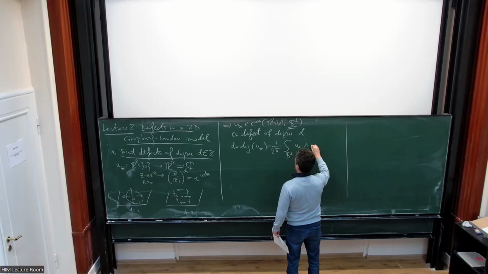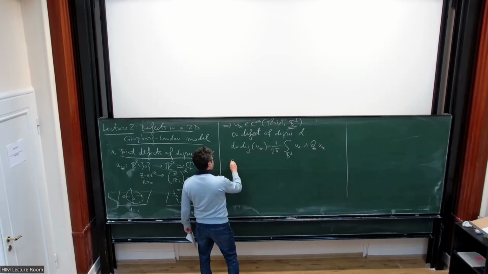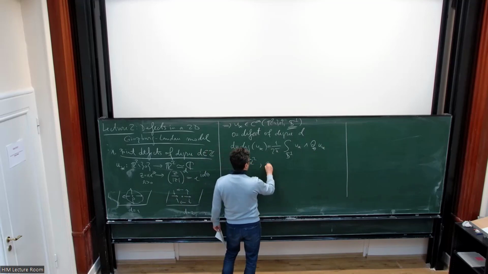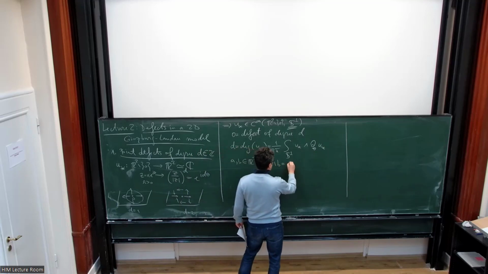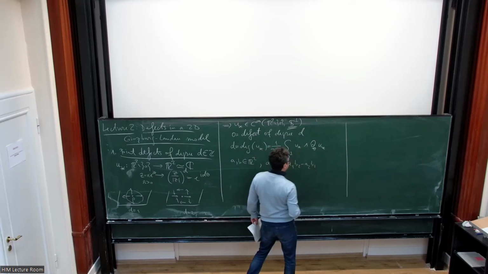I keep the notation of Valeria, French notation, sorry. But I give the definition: a and b in R2, then a wedge b is nothing but a1 b2 minus a2 b1.